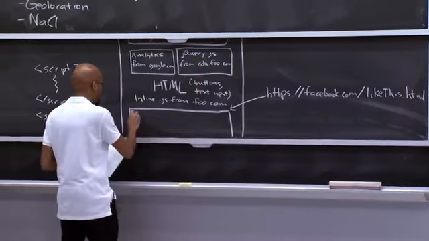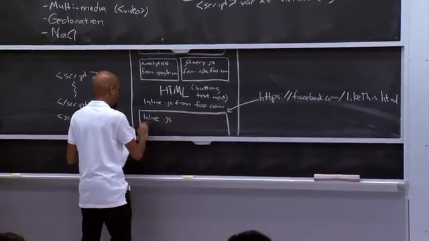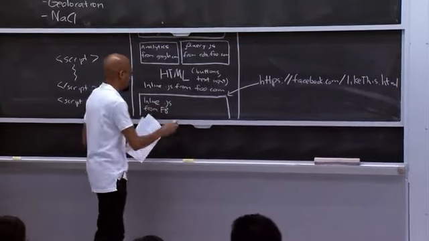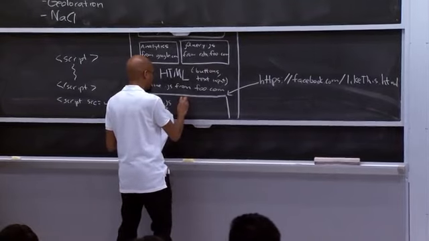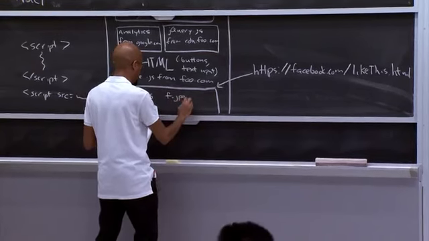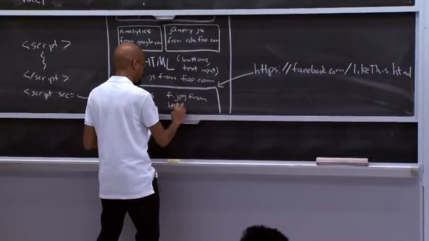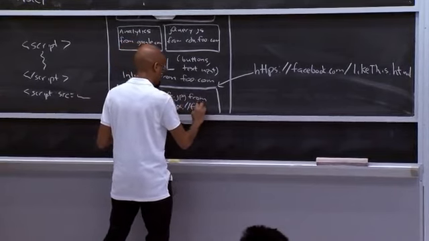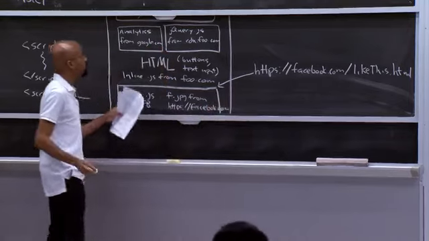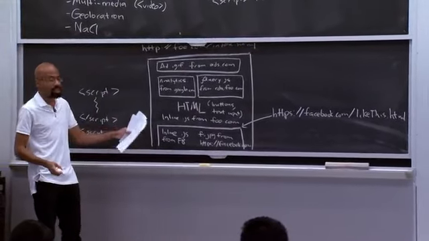And so maybe in here we have some inline JavaScript from Facebook. And then maybe we also have some image, f.jpg, that comes from https://facebook.com. Okay, so this is what a single tab might have in its contents.